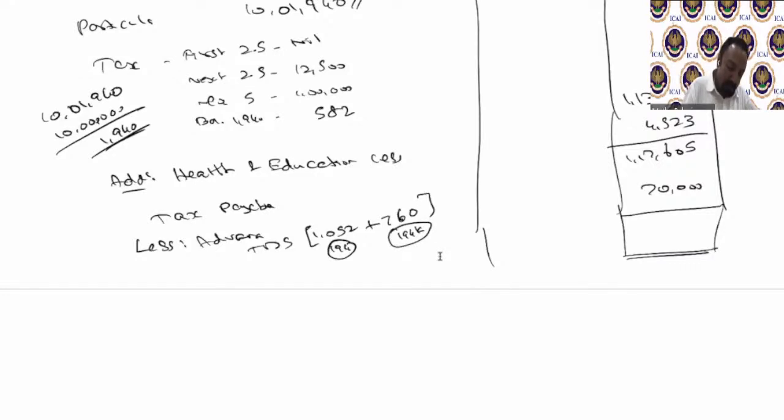So this put together will be 1,812. So that also needs to be adjusted. So 1,17,605 minus 1,812 gives you 45,793. Any taxes can be rounded off to 100, so 45,790 will be the figure. So both the income and the tax can be rounded off to the nearest 10. So 45,790 is your total tax payable.